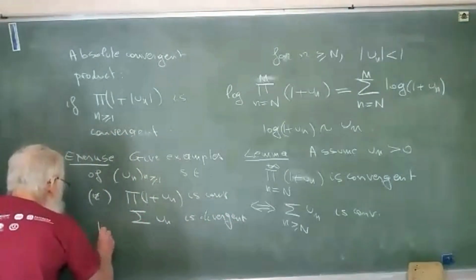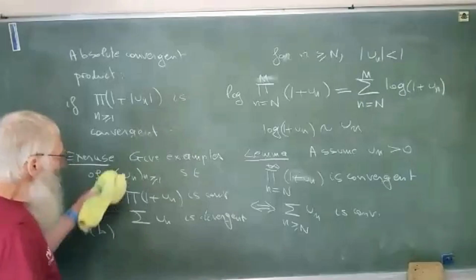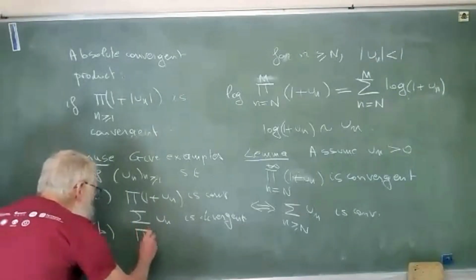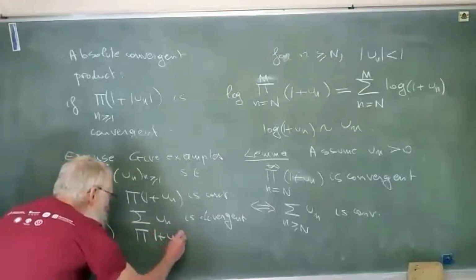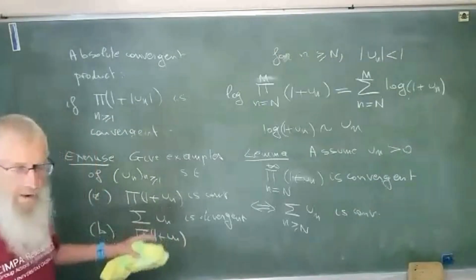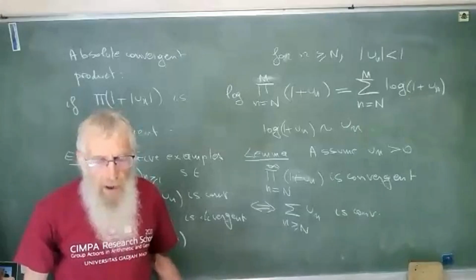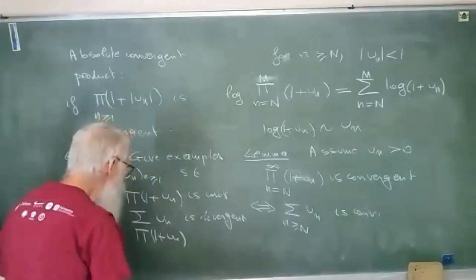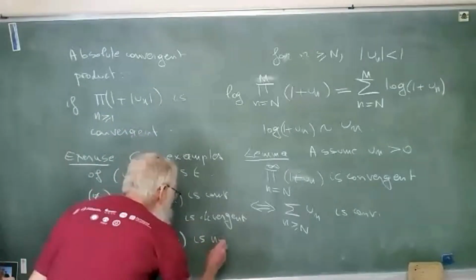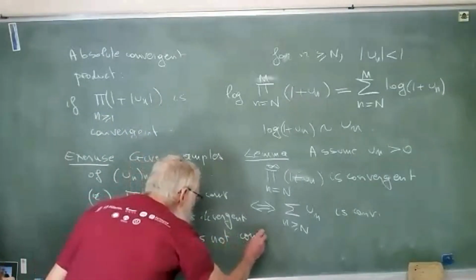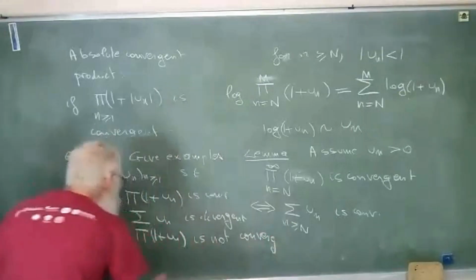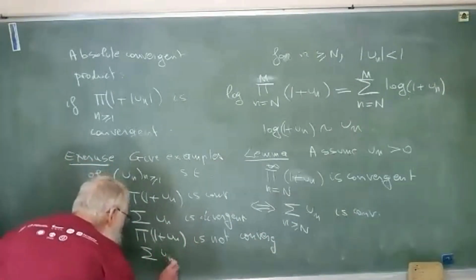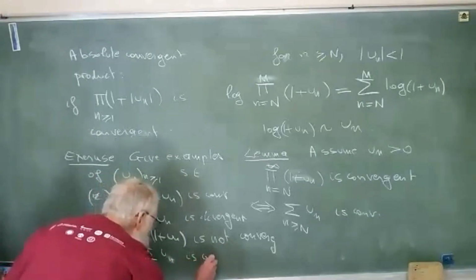And the second part of the exercise is the product of 1 plus un is divergent. Well, a divergent series, you know the definition. A divergent product, I did not give a definition, so I will just say is not convergent. And the series is convergent.